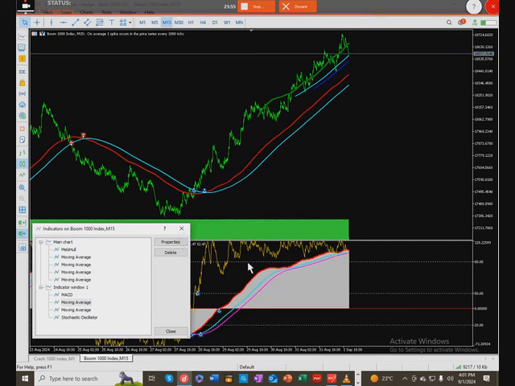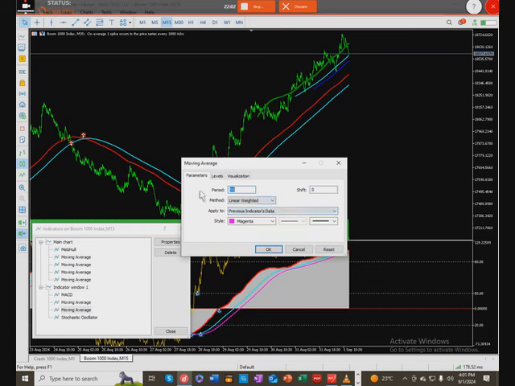And we come to the second one: period 50, linear weighted, apply to previous indicator's data, any color of your choice.